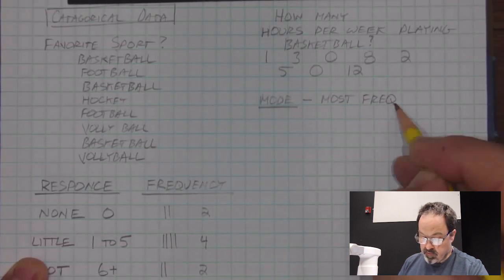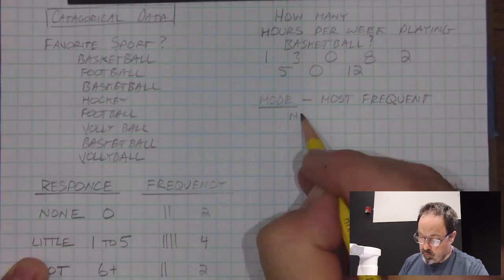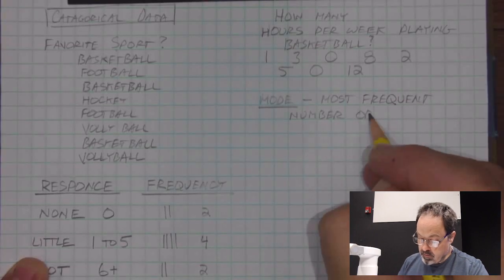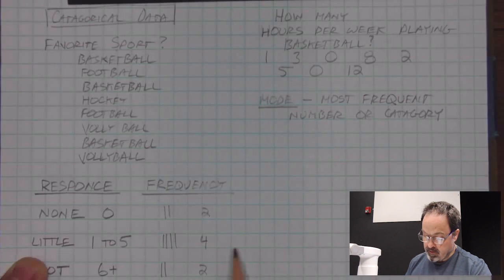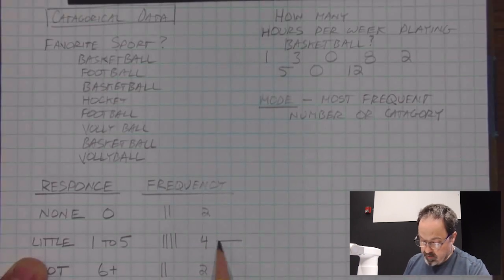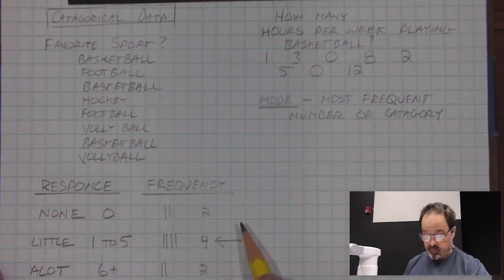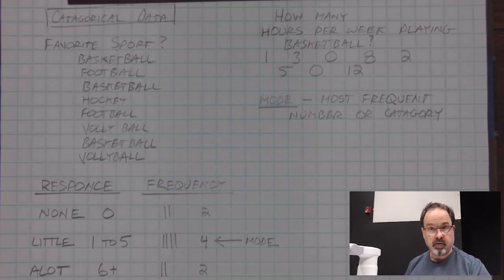We'll write the definition here. Most frequent number or category. So we'll point to the category of a little bit. 1 to 5 hours of basketball is this data set's mode.